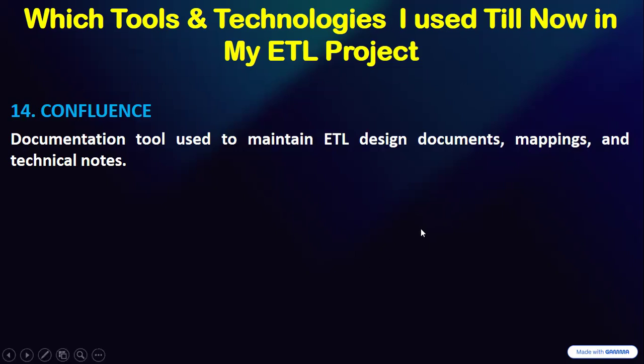Just like we used to make the FRS document or STTM document or whatever other project-related documents, all kinds of documents you can prepare on the Confluence tool, which provides the same kind of user interface and platform, just like Microsoft Word.